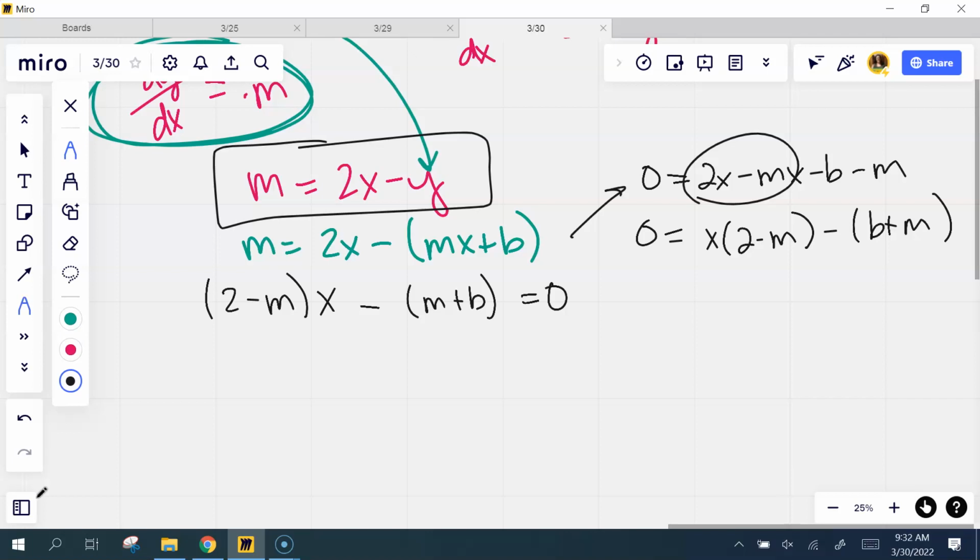I'm not gonna lie, I don't see where they... so here's, and y'all can see if it makes sense to you. They said, okay, 2 minus m equals 0.